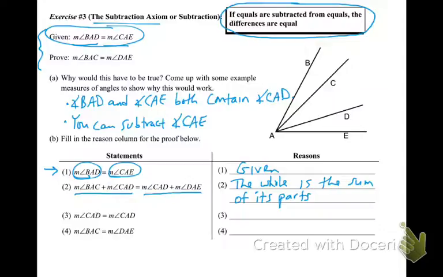Now, as mentioned in part A, we're going to have to subtract off the shared angle. So in line 3, we said that the measure of angle CAD is equal to the measure of angle CAD. Well, that's kind of like a duh statement, right? It's always going to be congruent to itself, so they're going to have equal measures. So what we can write for a reason here is that an angle has the same measure as itself.